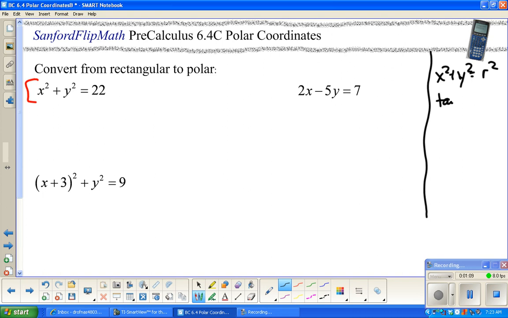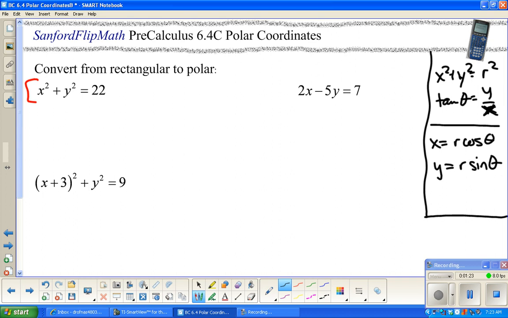Also, tangent theta equals y over x, x equals r cosine theta, and y equals r sine theta. These are all the things that we're going to use to convert back and forth between polar and rectangular.